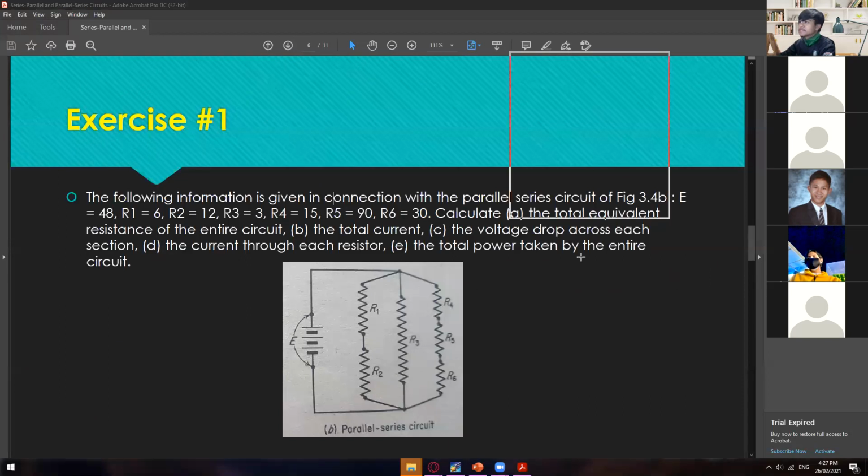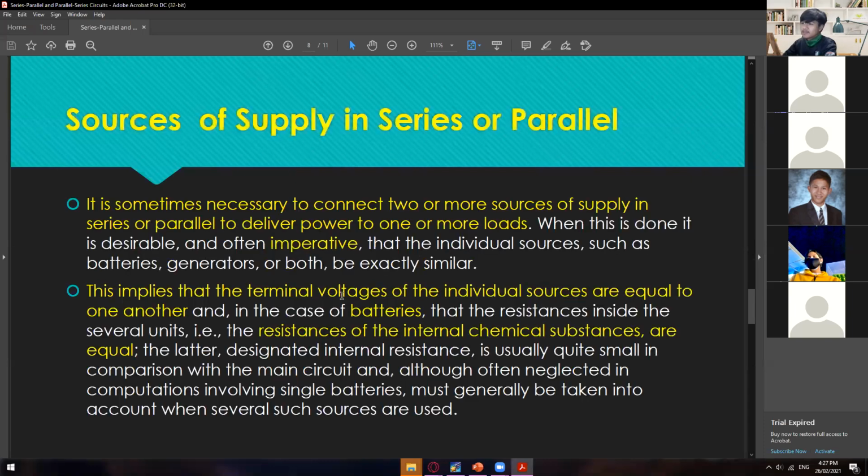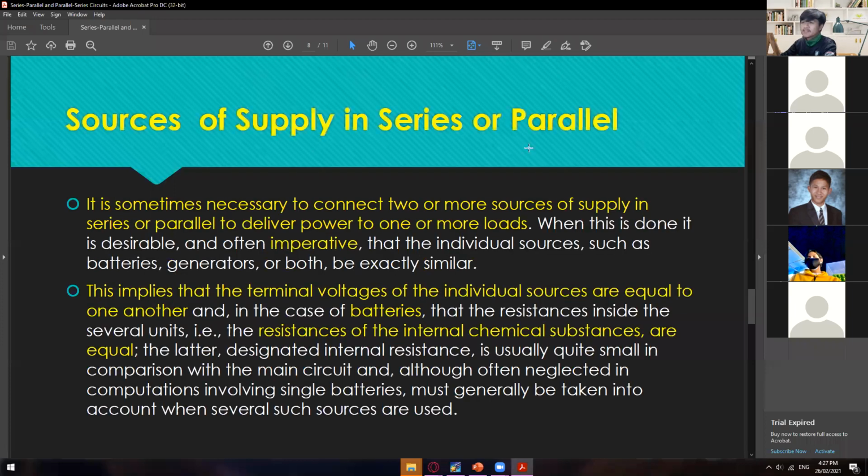All right. That's it for your exercise number 1. Let us now talk about sources of supply in series or parallel. It is sometimes necessary to connect 2 or more sources of supply in series or parallel to deliver power to 1 or more loads. When this is done, it is desirable and often imperative.